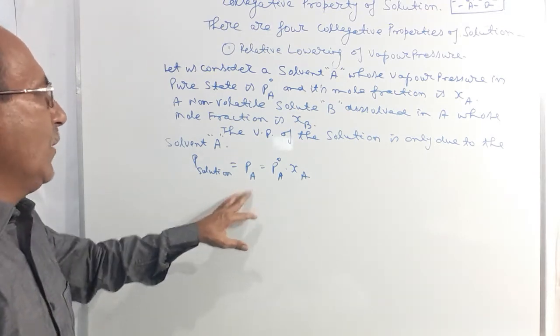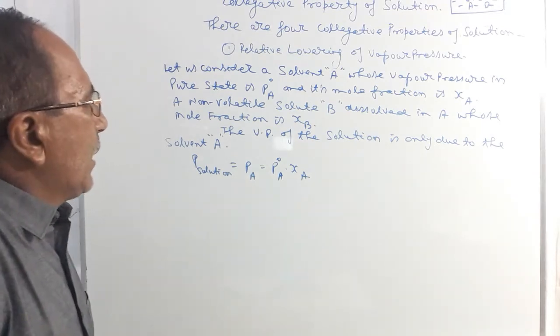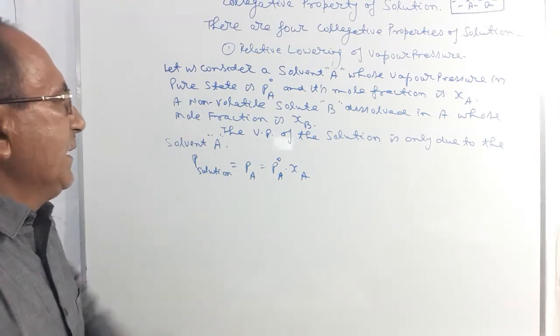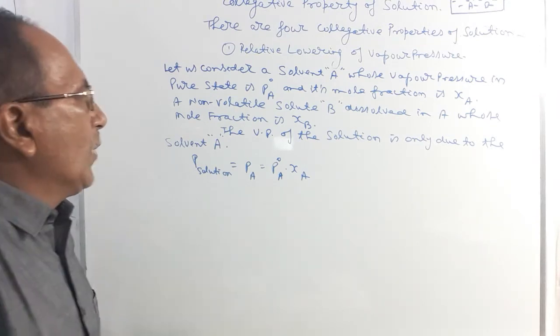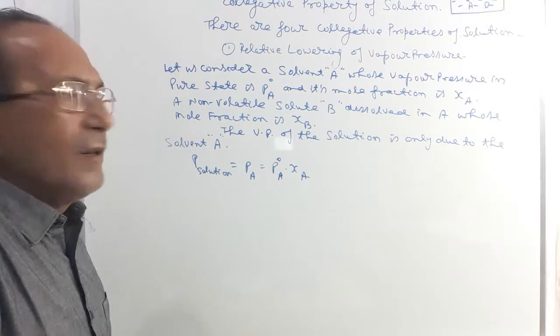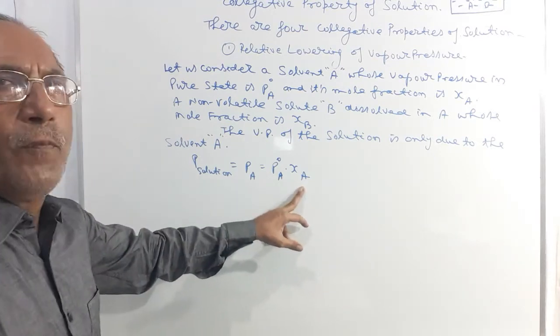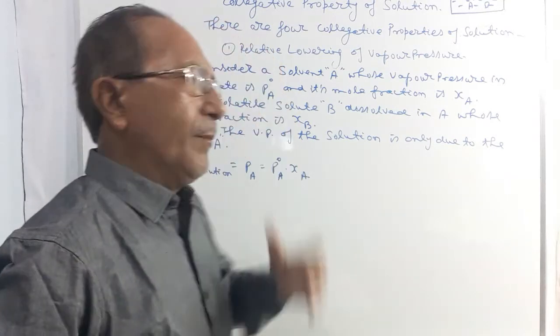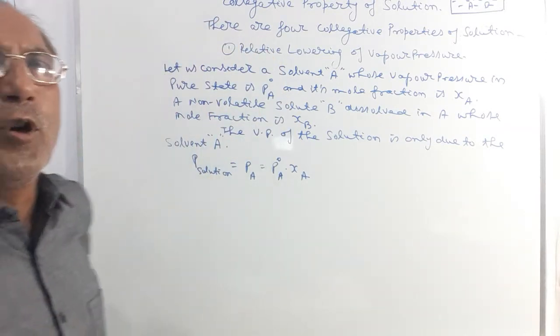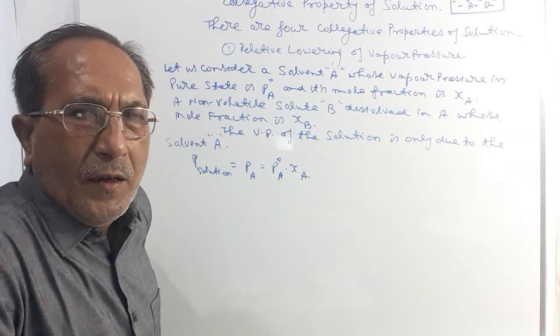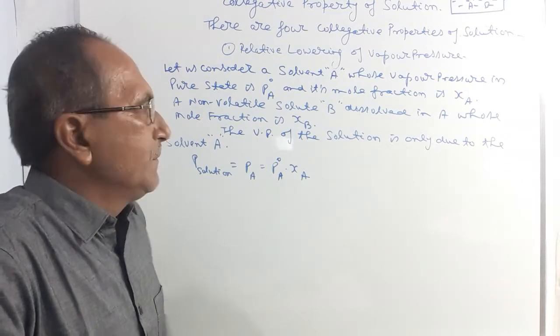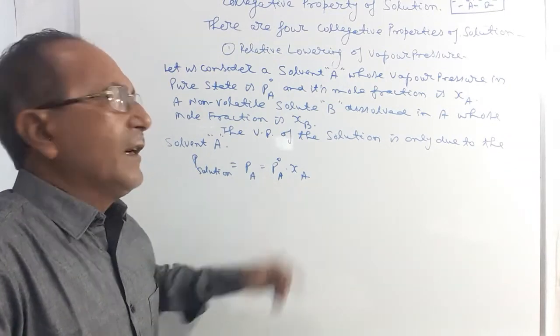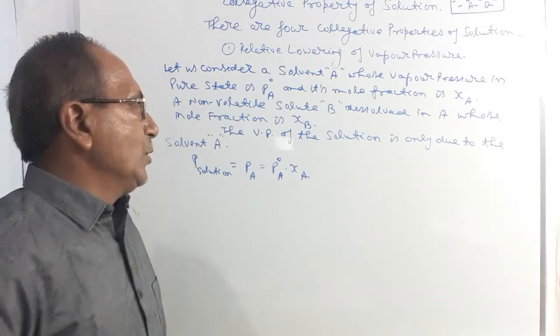According to Raoult's law, the vapor pressure of a volatile component is equal to the mole fraction of the solvent multiplied by the vapor pressure of the pure solvent. You multiply these, and you get this. Clear?